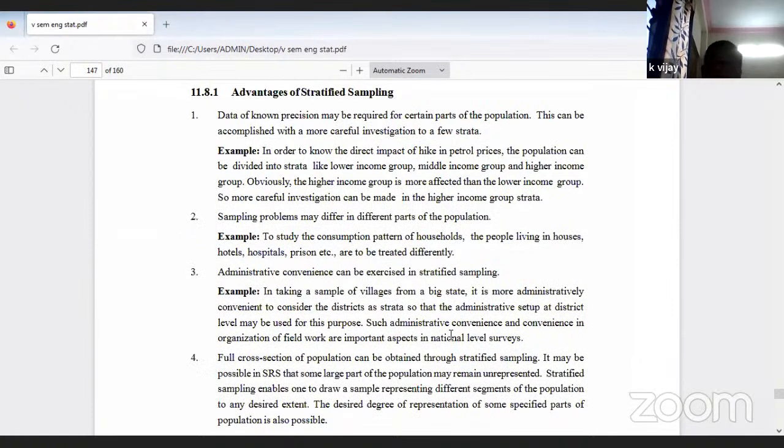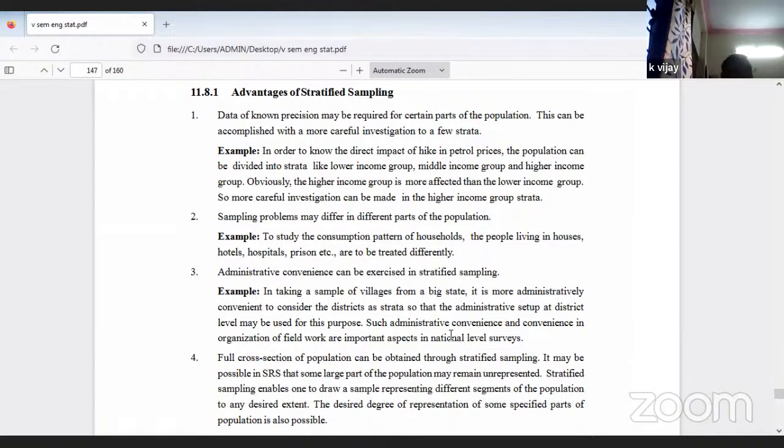In taking a sample of villages from a big state, it is more administratively convenient to consider the district as strata. The administrative setup at the district level may be used for the purpose. Such administrative convenience and convenience in organization of field work are important aspects in national and state level surveys.